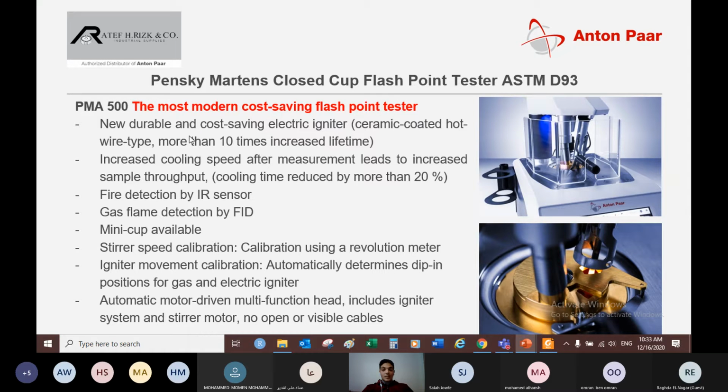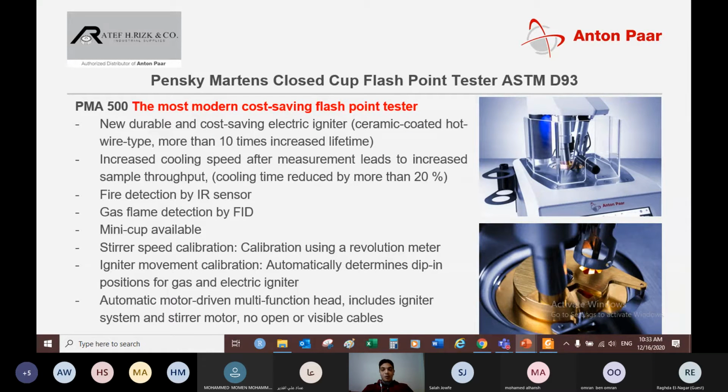Because the electric igniter in this instrument is ceramic coated, which gives it more than 10 times increased lifetime. So if the old one lasted 1 year or 2 years, this one will last more than 10 years. Also, the cooling speed is really fast, and the cooling time is reduced by more than 20%.